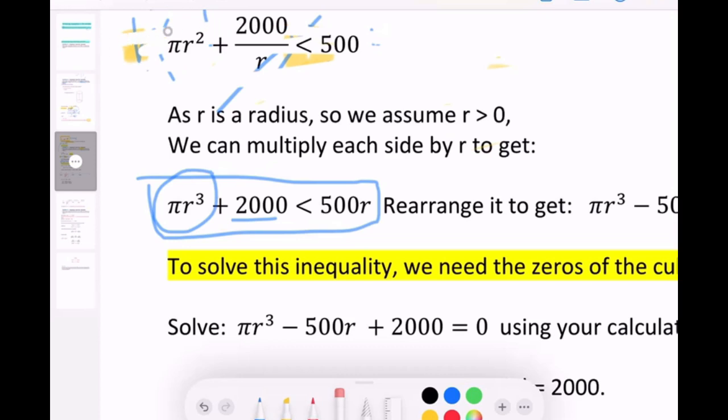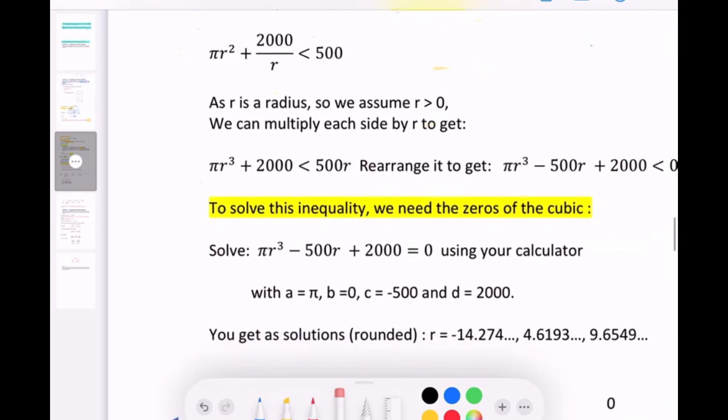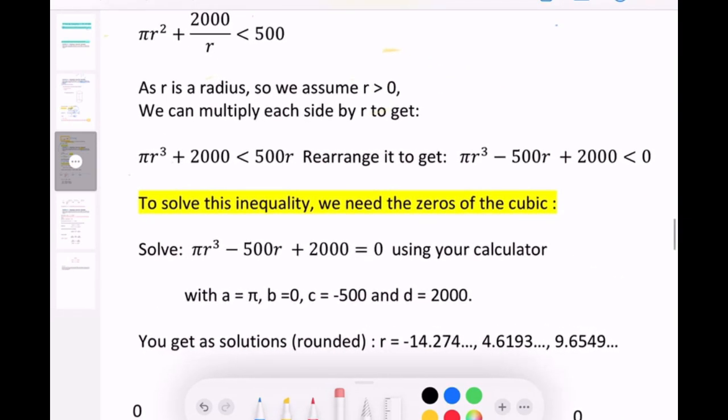This has been transferred to a polynomial inequality, which can actually be tested. You can be tested for this, because if they test you for polynomial inequalities, they can include this problem. You can change it to an inequality involving a polynomial instead of a rational.